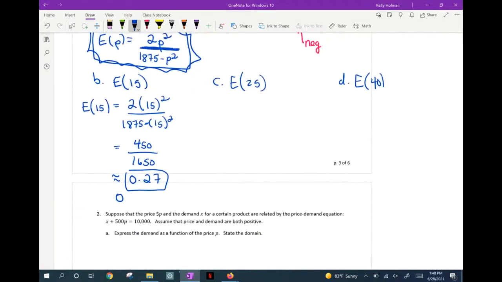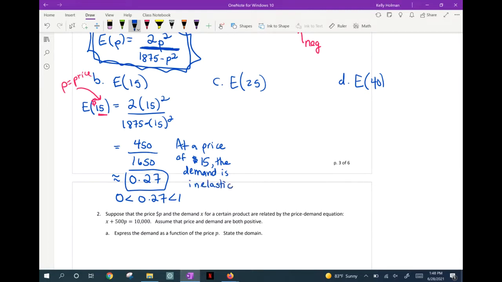So I need to come back here and say this was between 0 and 1. This is inelastic. So I would say at a price of $15, because remember, we're plugging in a P. We're plugging in price. So when the price of this object, whatever it is, is $15, the demand is inelastic.